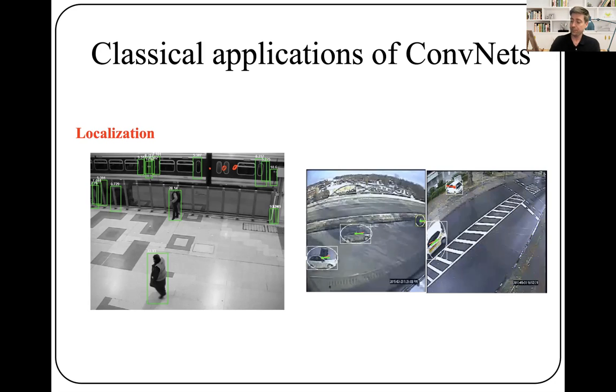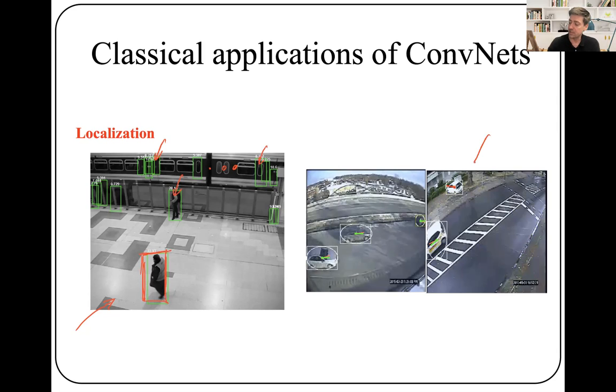Like, for example, if we do pedestrian detection from a surveillance camera, well, first of all, we don't even know how many pedestrians there are, right? So we want to identify how many of them there are in the image, and in some cases, there could be none. And second thing is we want to predict the position of each of those pedestrians that we detected. And the position is typically given with a bounding box.